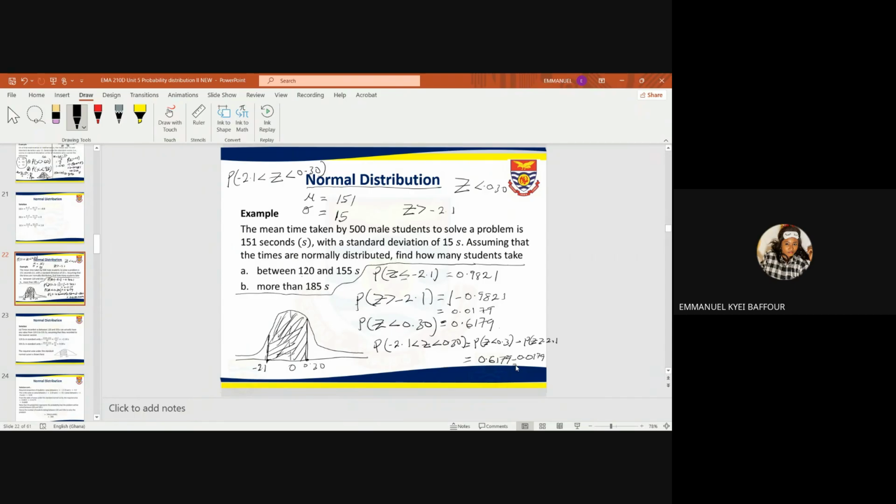And what are you getting for it? It's 0.6. Okay, so that is how we go about it. Any question on it?